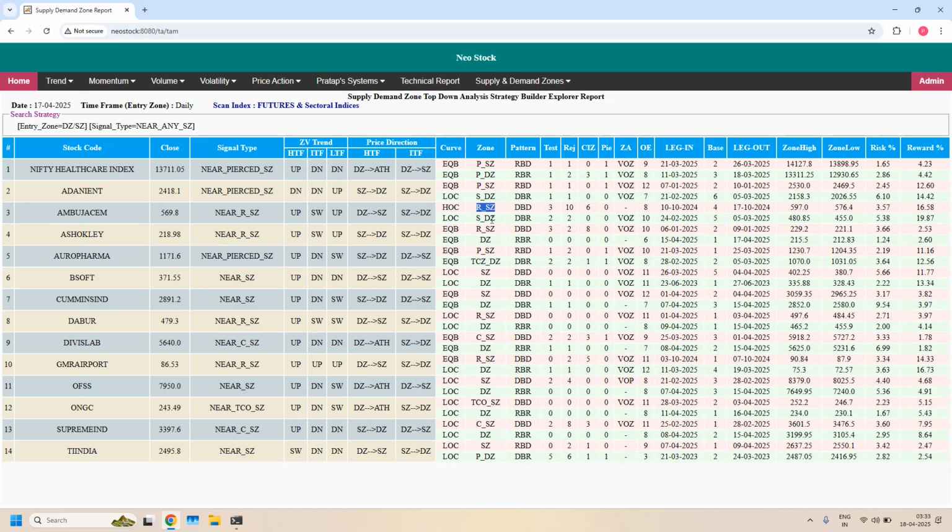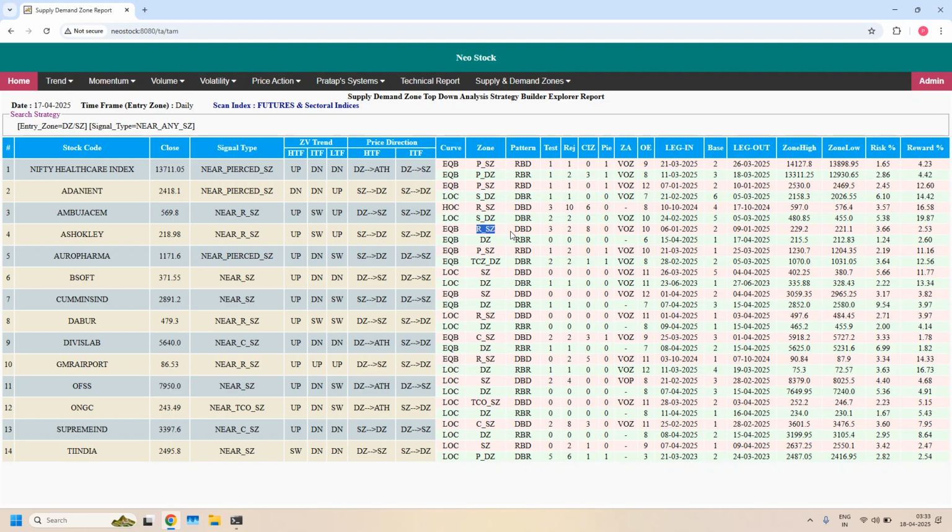It is also having daily high liquidity demand zone, but it is very far away. Stock should fall down by 19.87%, then only it will reach the demand zone. Okay, so let's focus only on the supply zone.